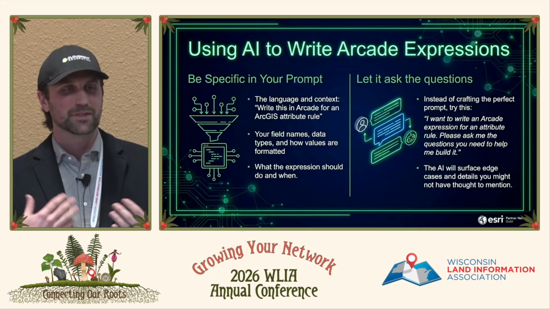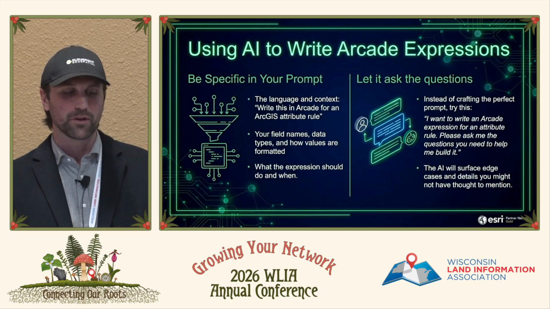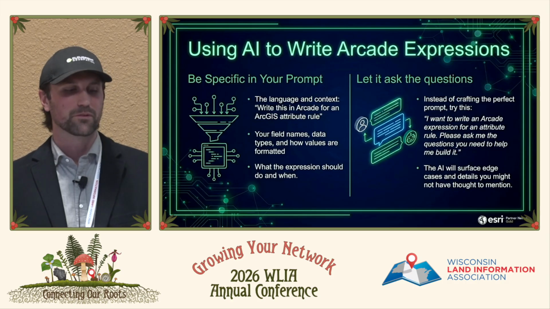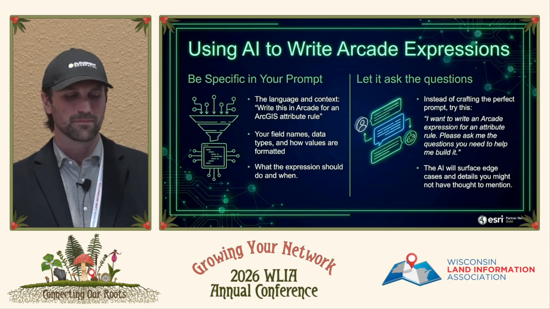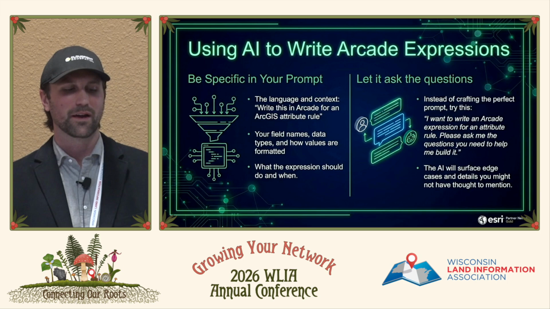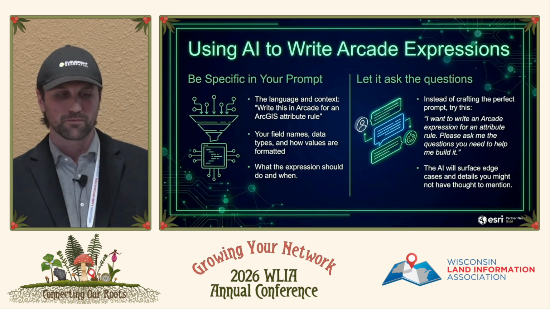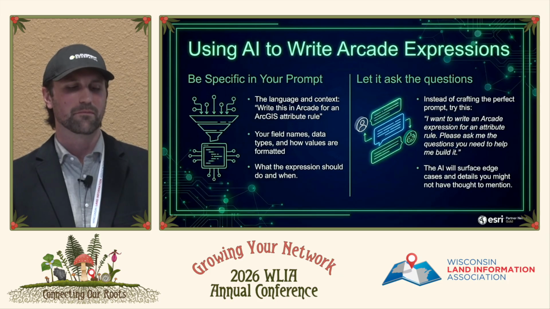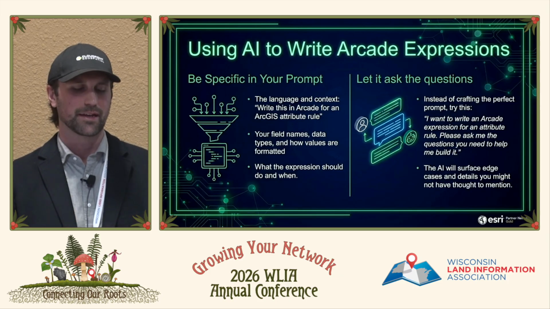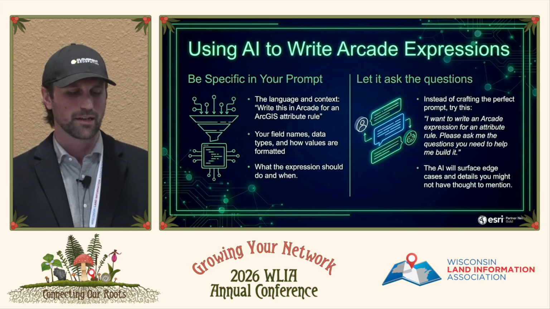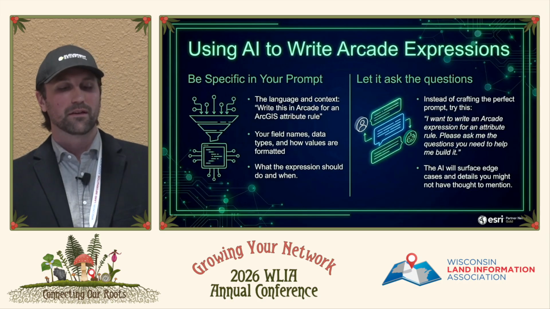Tell the AI what you're going for, and include the names of the fields, the data values, how those values are formatted, the field type, as well as, if you need to, file paths. But typically, because we're in an Arcade structure, your file paths are already taken care of.